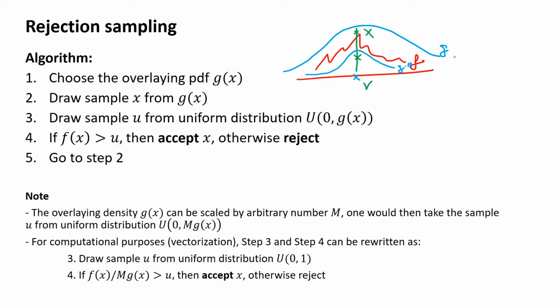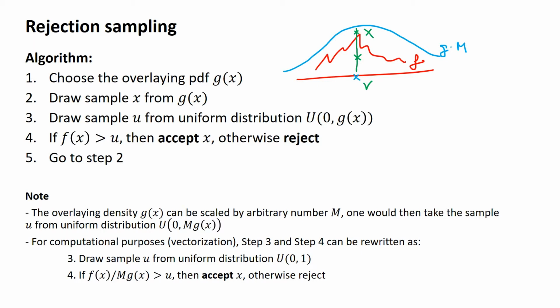If we multiply by m, then we will move the entire g line above, and suddenly we would get this overlying density, and we can do the sampling. This is the trick. We can multiply the overlying density by an arbitrary number to get this overlying distribution, and the algorithm still works.